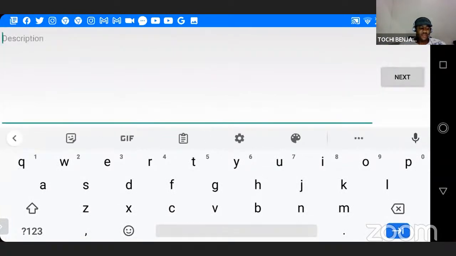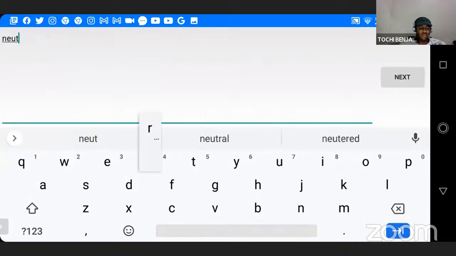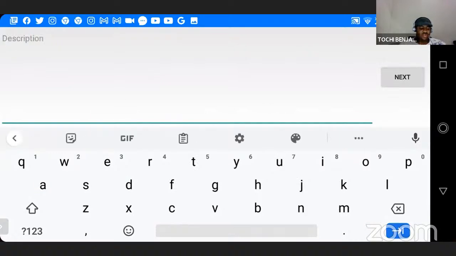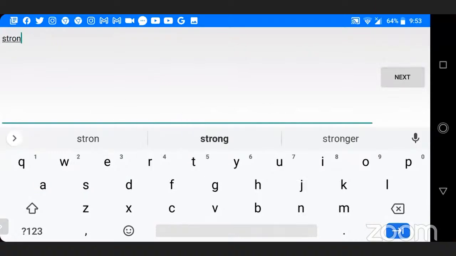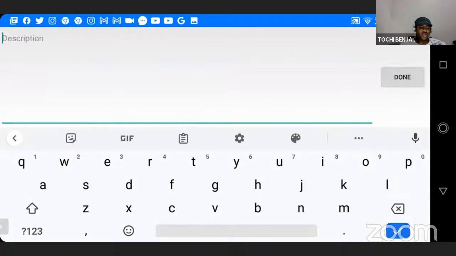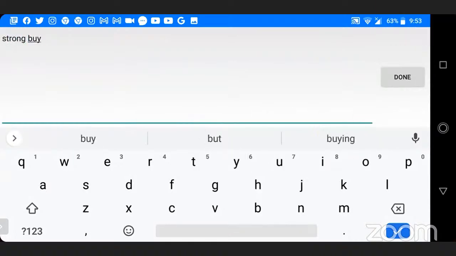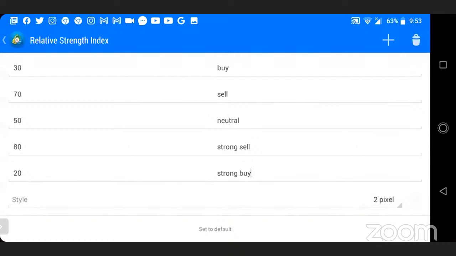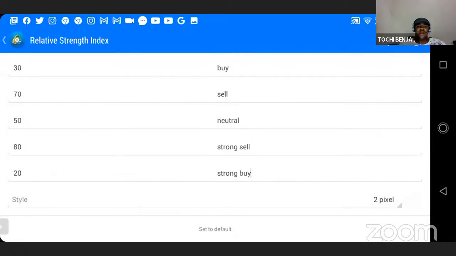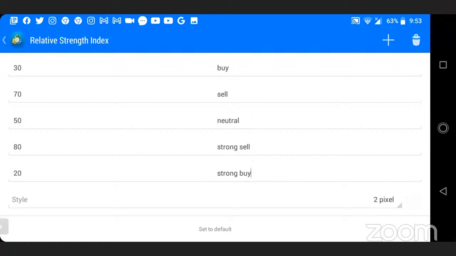The next one is 50, neutral. The next one is 80, strong sell. The next one is 20, strong buy. Okay. So have you seen it now? We have our RSI on our chart.